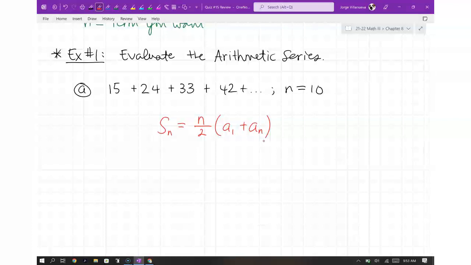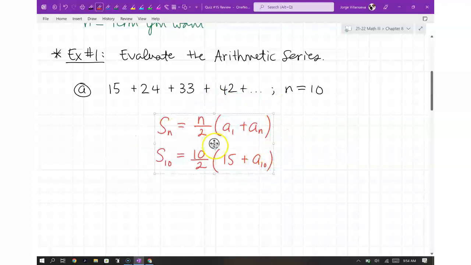If I look at part A, do they tell me my n value? Yes. What is it? 10. So I'm going to write S sub 10 equals 10 over 2. Do I know a sub 1? Yep. What is that? 15. But do I know a sub 10? No, I don't. So that means I got to figure out that term.